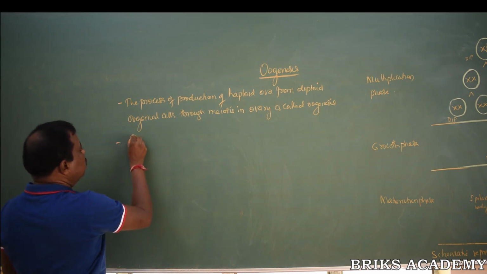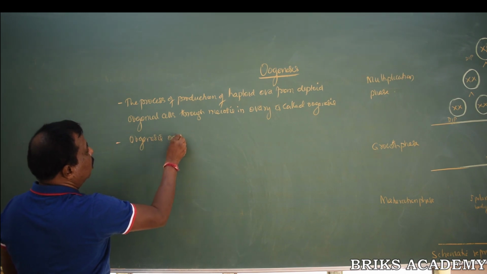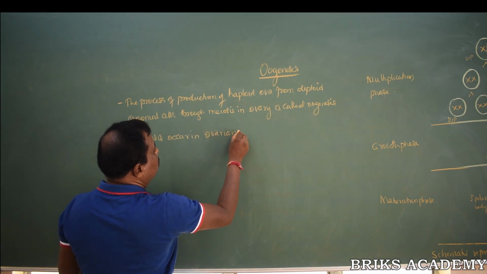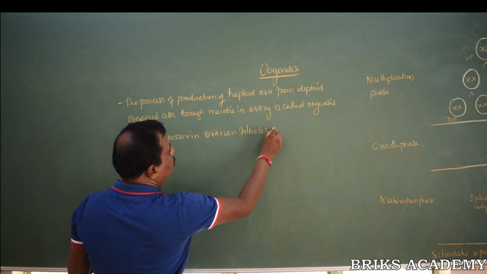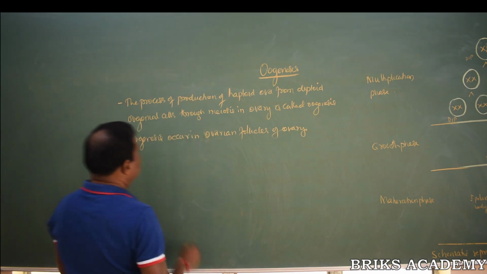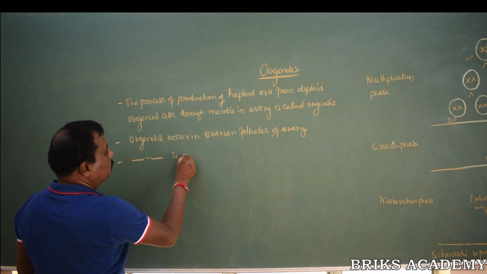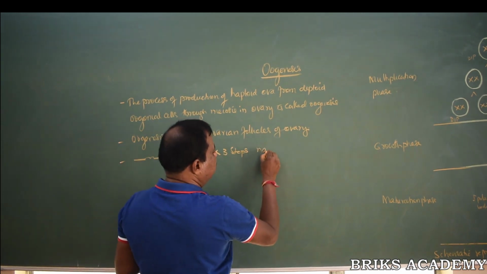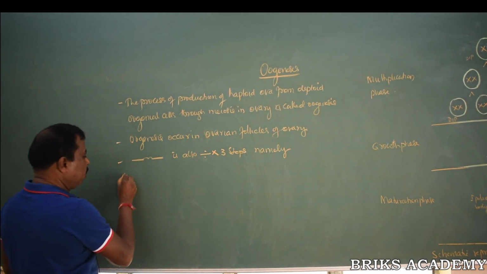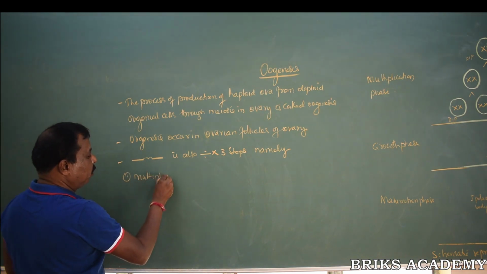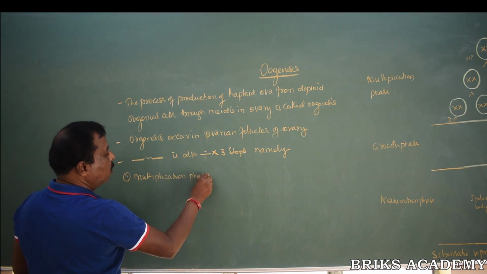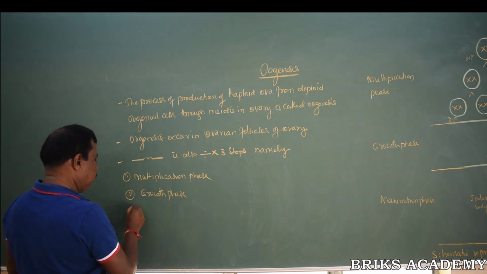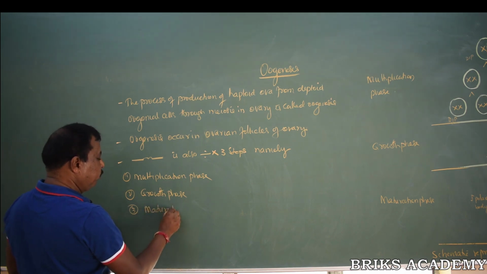Oogenesis occurs in the ovarian follicles of the ovary. It is also divided into 3 steps, namely: first, multiplication phase; second, growth phase; third, maturation phase.